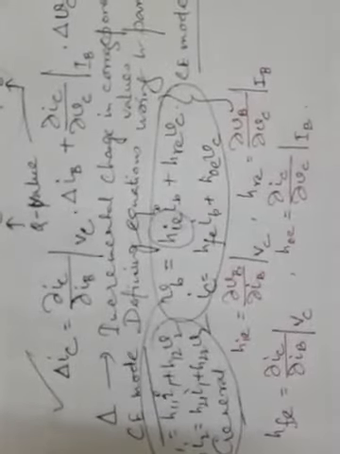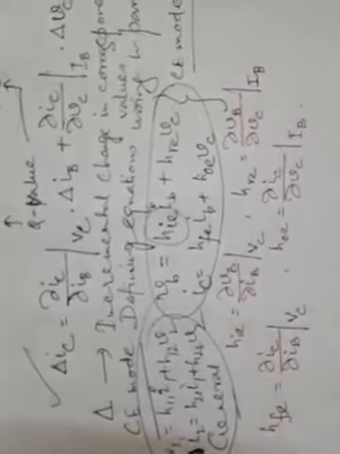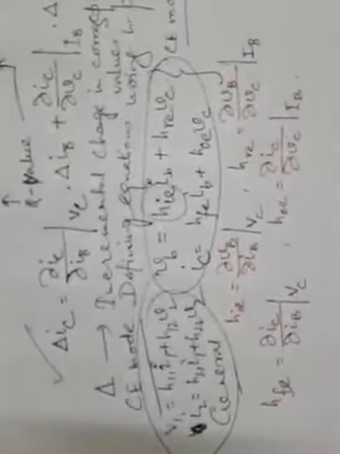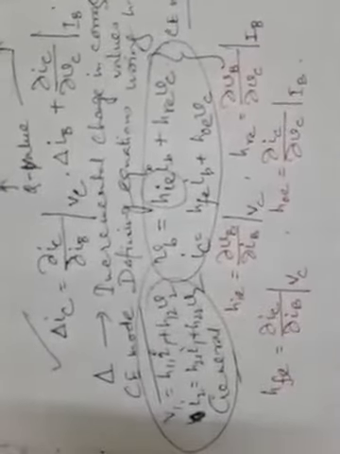And similarly HOE we can write comparing only this partial derivative term, that is del IC by del Vc when IB is constant or at Q value. So this is how we can determine analytically the various H parameters using the partial derivatives from these given expressions.